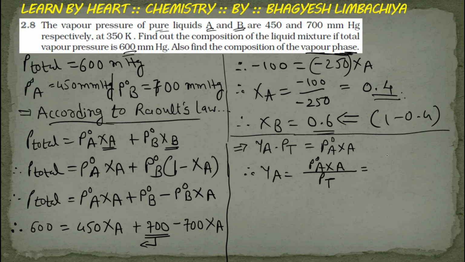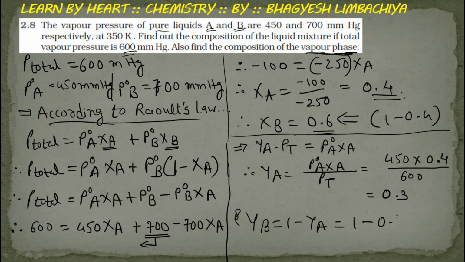P0A 450, XA 0.4, divided by P total 600, and by division we are getting 0.3, and YB will be 1 minus YA, 1 minus 0.3, so finally it is 0.7. So YA and YB are the composition in the vapor phase.